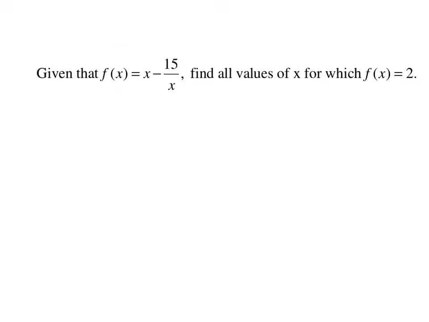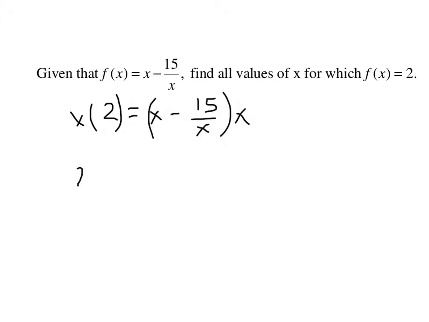So given that f of x equals x minus 15 over x, find all values of x for which f of x equals 2. Well, if f of x equals 2, then we're going to replace f of x with 2. What are we going to multiply both sides by? What does that give us? How do we solve this?